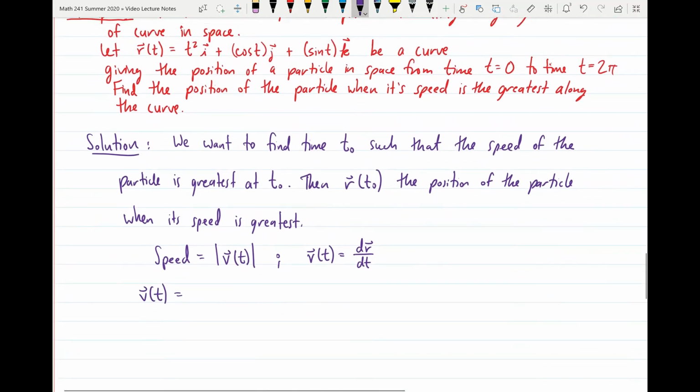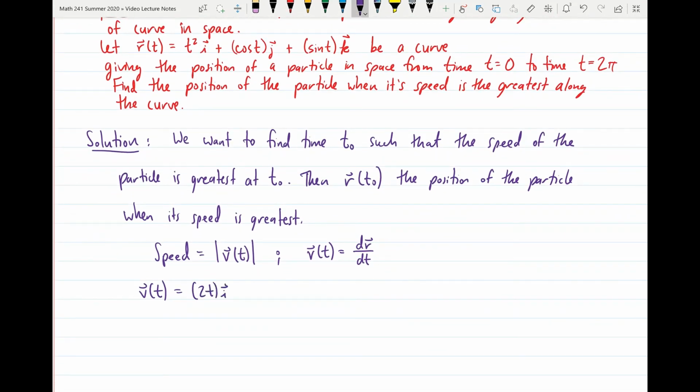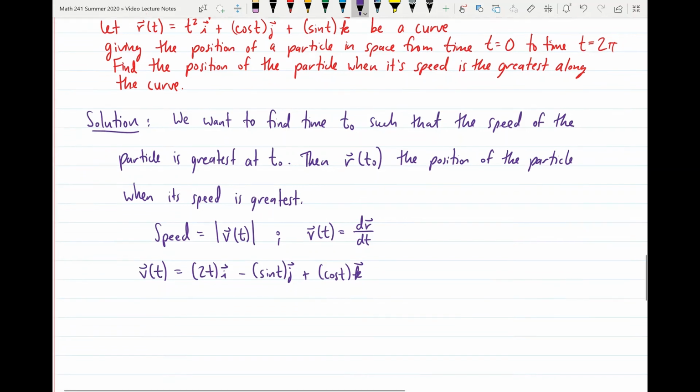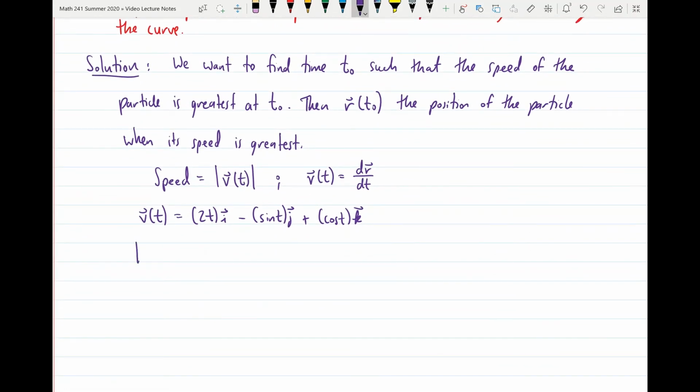We're going to take the derivative of the position function above, and we get 2t i minus sine t j plus cosine t k. So this will be a function giving us the velocity of the particle at different times t. And now we want to find the magnitude of the velocity to give us the speed.